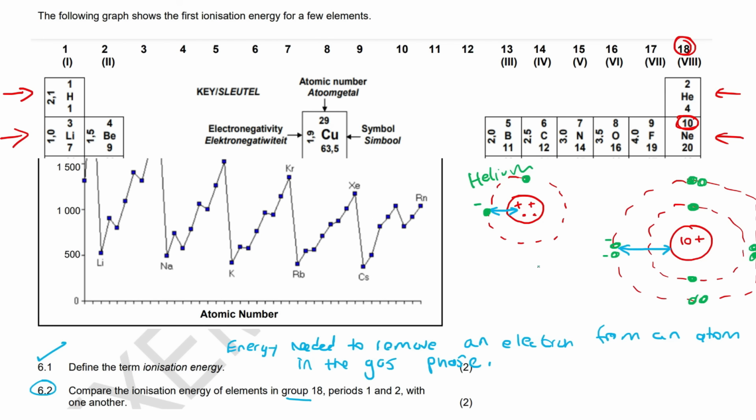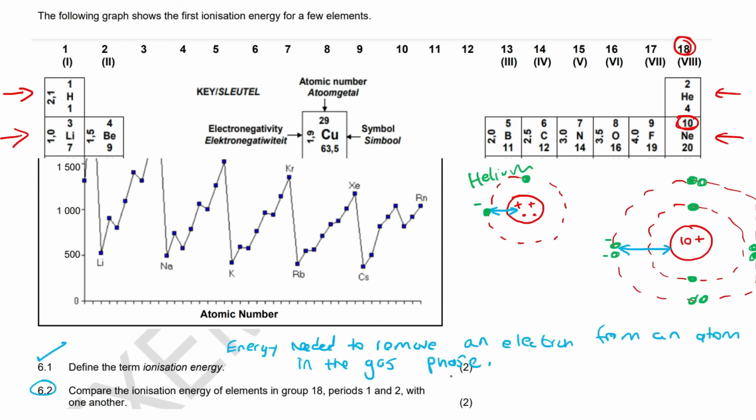So which one will be easier for us to remove the electron? Well, it will be this one, because this distance is larger, so that means this force of attraction is weaker, so it'll be easier for us to take this electron away. So that means we need less energy, so the ionization energy will be lower.